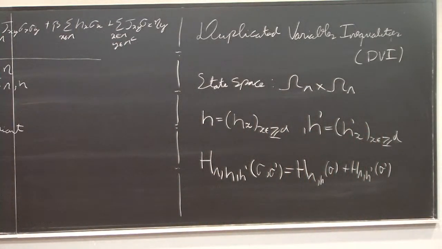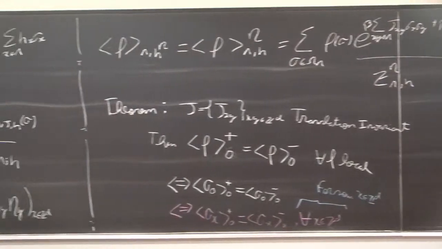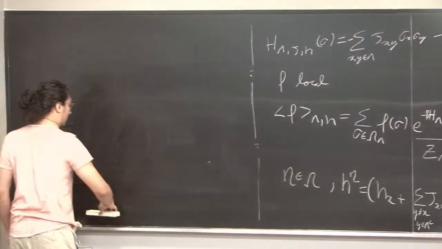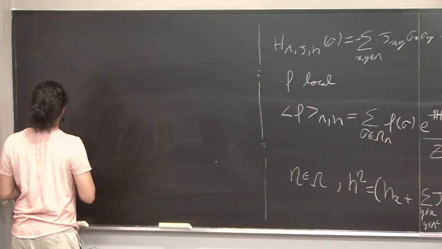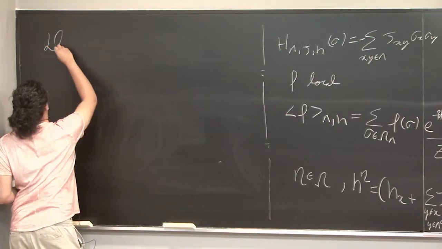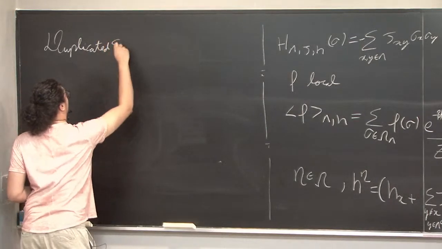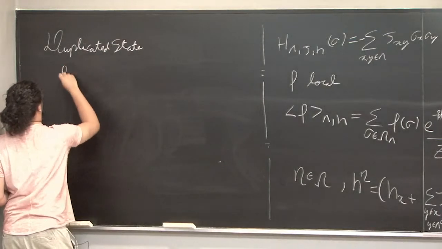And again, I can define the duplicated state, something like this, state F.